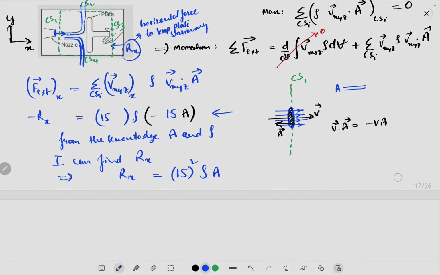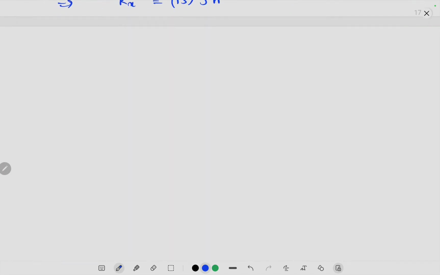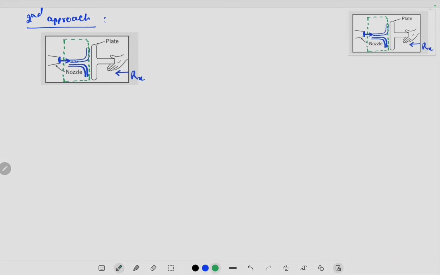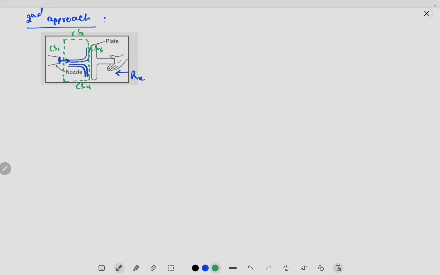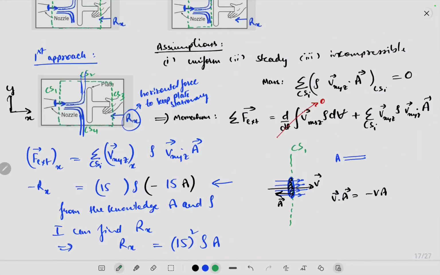All right, now let's consider the second approach by using a different control volume, and let's see whether we get the same value of Rx or not. So this was our control volume. Let's say this is CS1, this is CS2, this is CS3, this is CS4. Now before this, I forgot to tell you that while calculating this F external x, we must have also considered the role of atmospheric pressure.